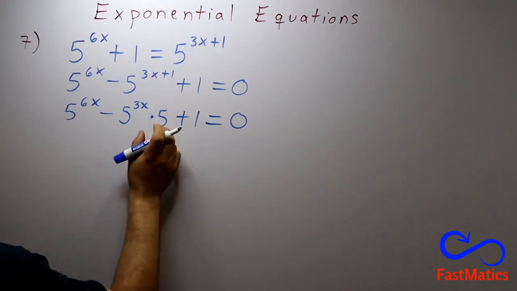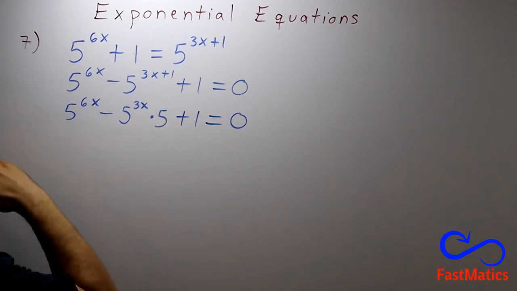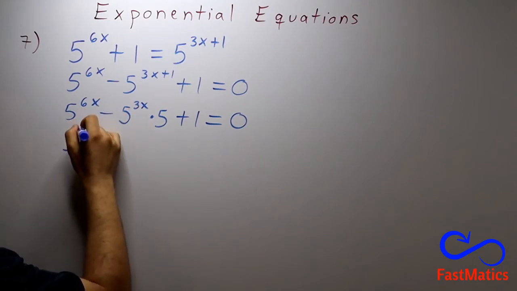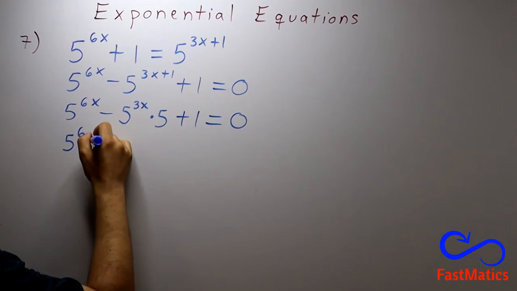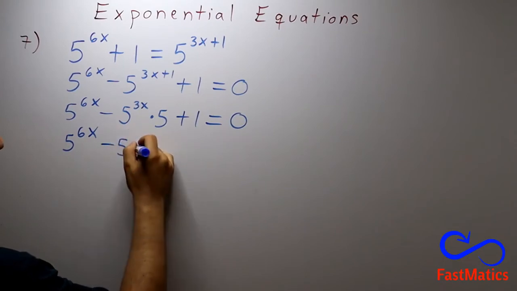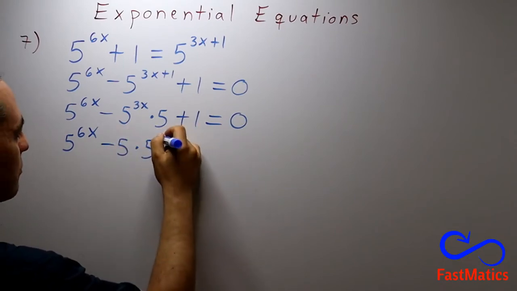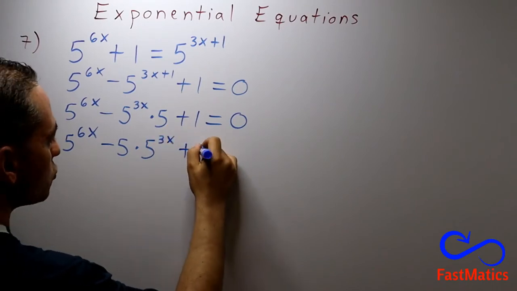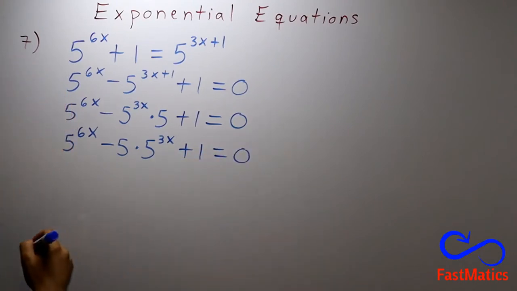Now I see that I can put the 5 before the other part. Then I have 5 raised to the exponent of 6x minus 5 times 5 raised to the exponent of 3x plus 1 equal to 0.